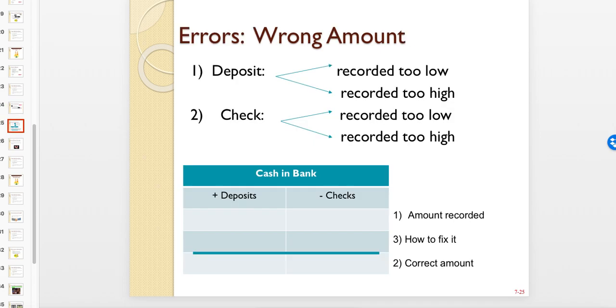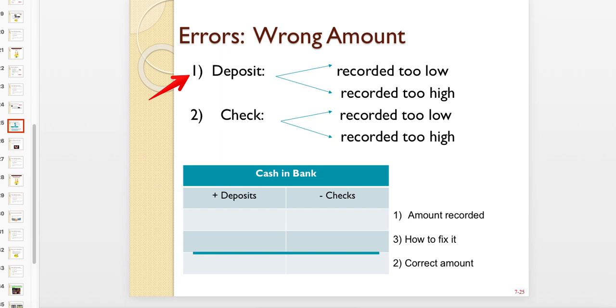And errors can happen in a bunch of different areas. You can have an error in a deposit that you made, and you can also have an error in a check. Okay, because what happens is you have one person who is responsible for making the deposit, so gathering all of the checks or the cash and taking it to the bank.